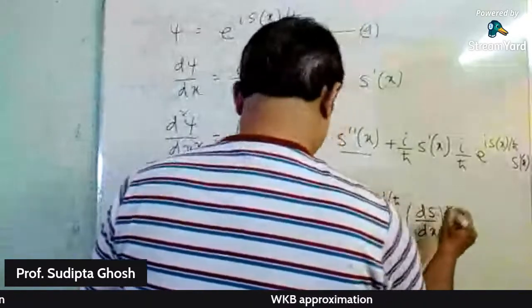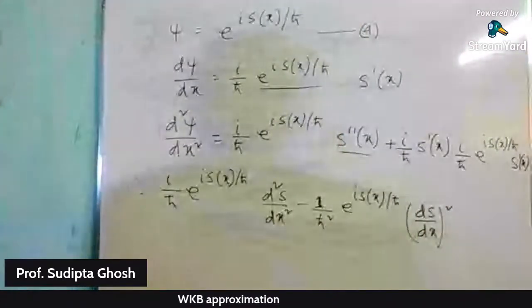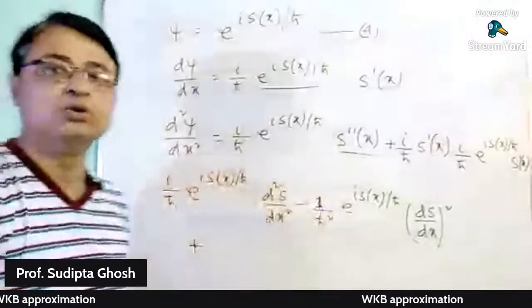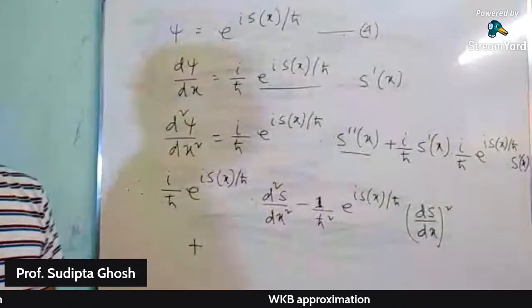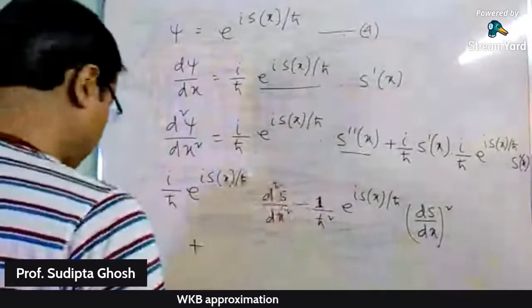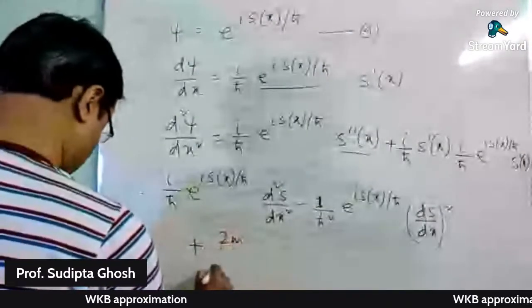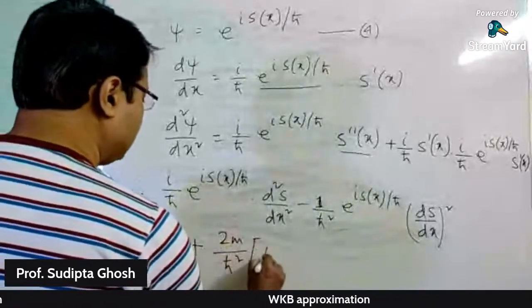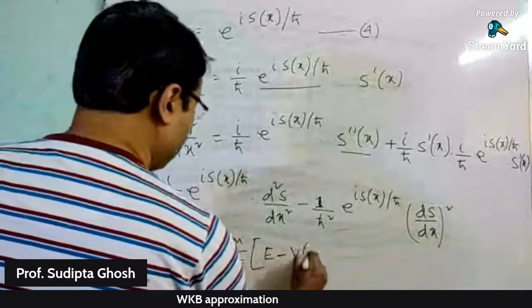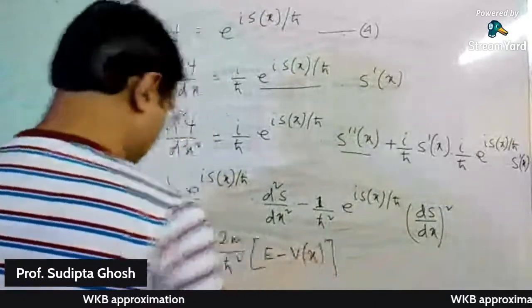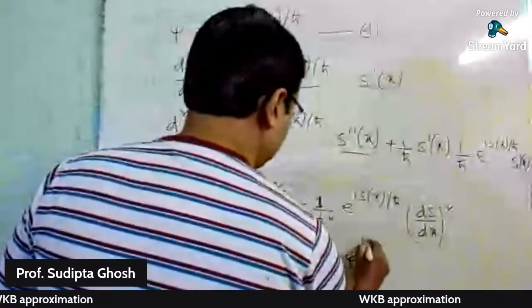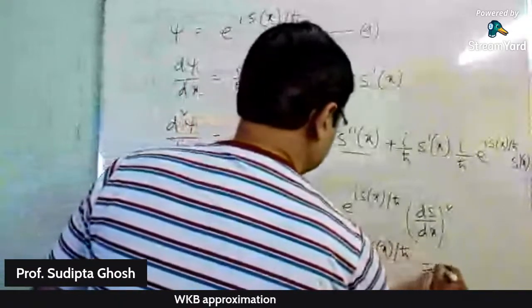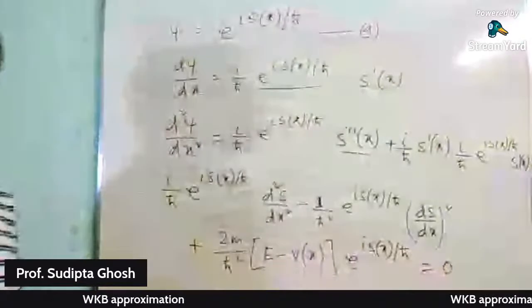dx whole square, and then plus, now this is the whole value of d2 psi dx2, so this value plus twice m by h cut square, E minus V(x), into psi, that is e to the power i s(x) by h cut, is equal to 0.